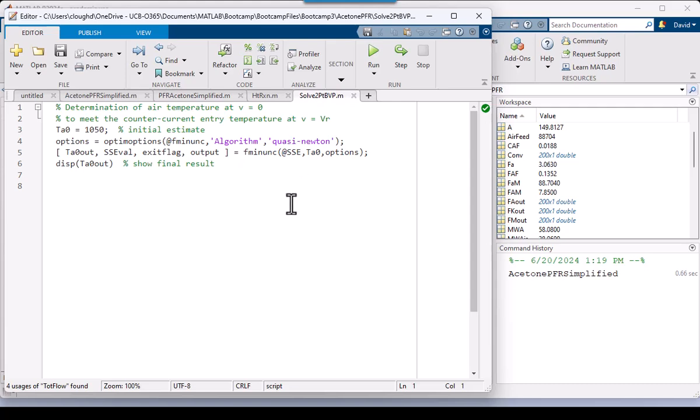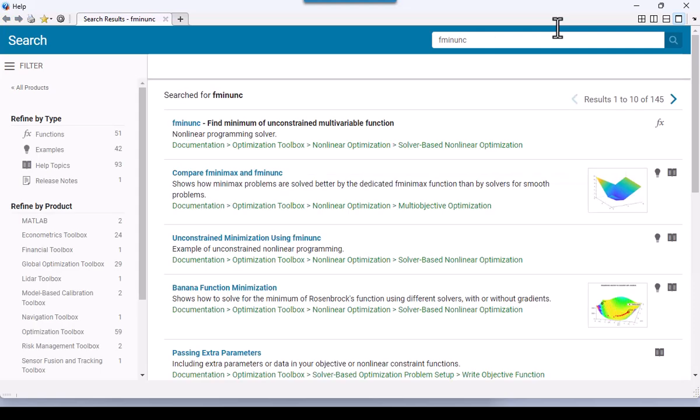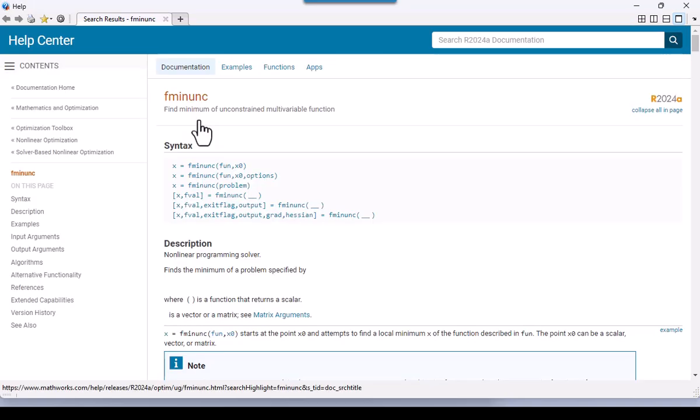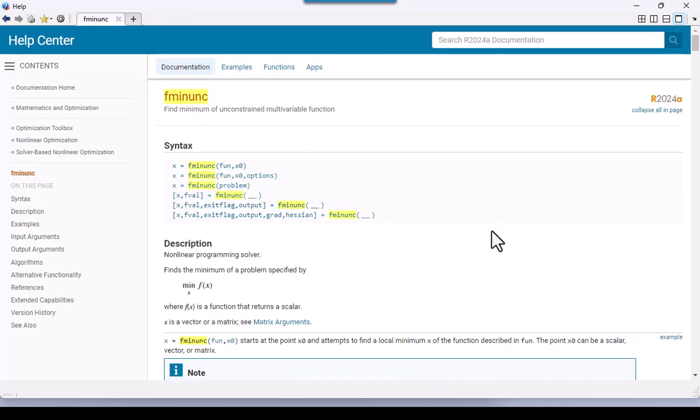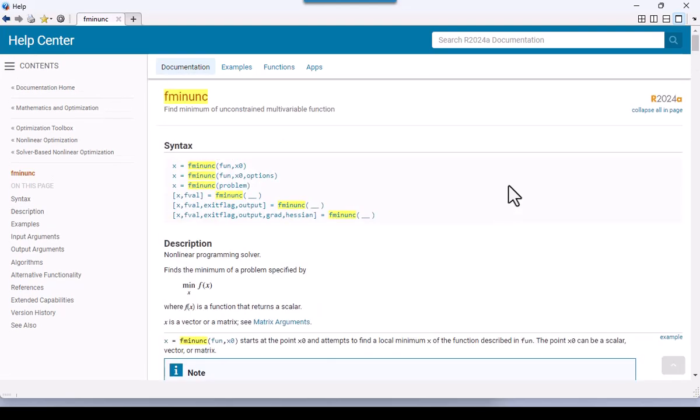So if we want to find out more about fminunc, we can come over here, put it into our help window, and it's in the optimization toolbox, and it gives you your full help description along with examples of how to use it, all right?